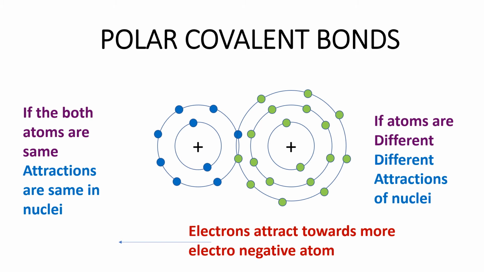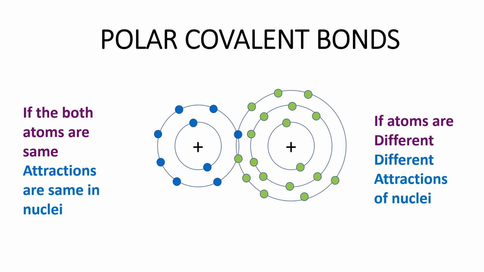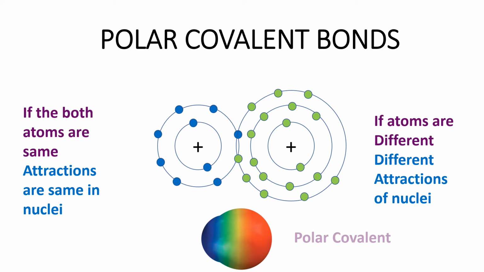These electrons are more towards the left hand side. This is the image of this kind of example, and this kind of bond we call a polar covalent bond.